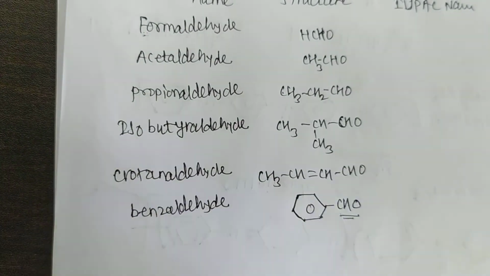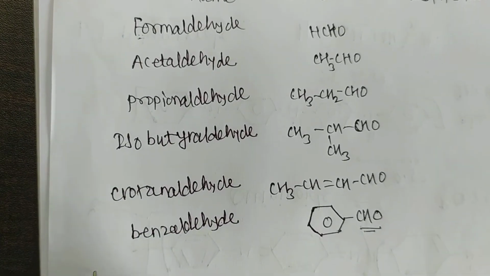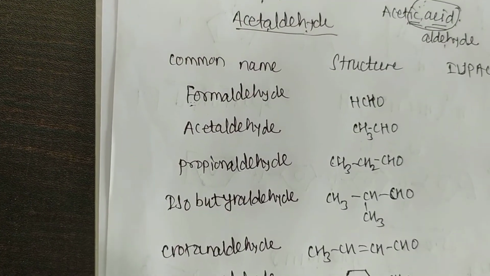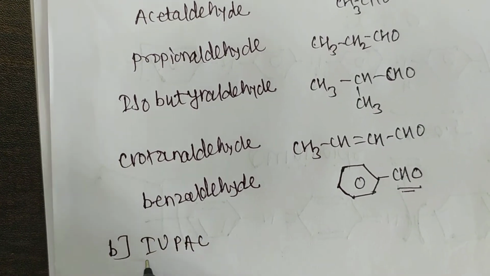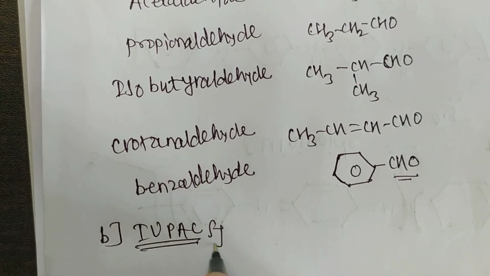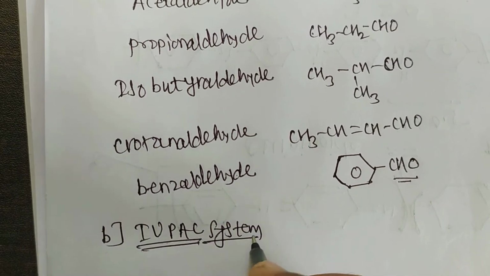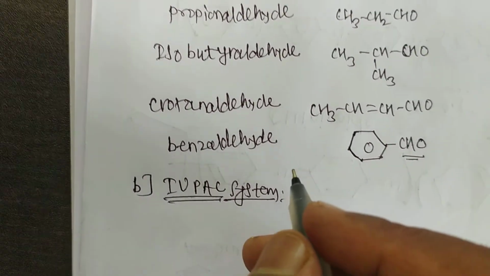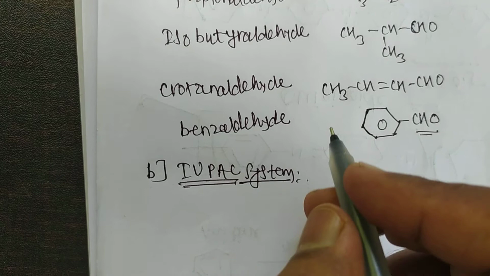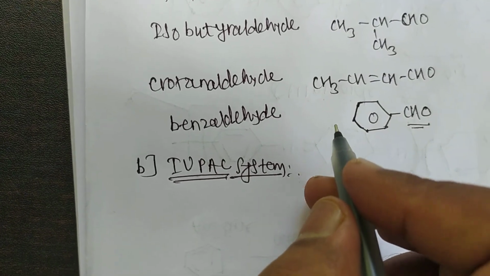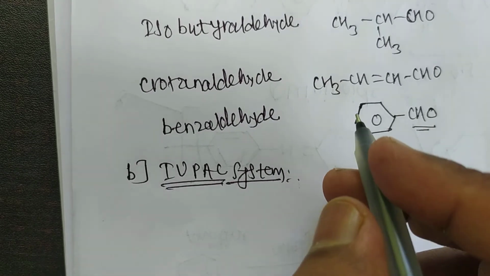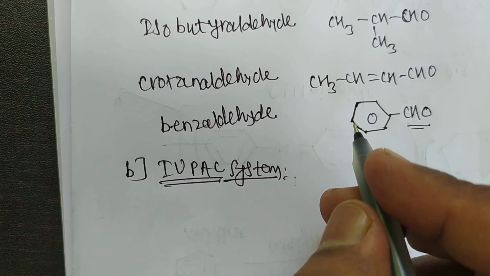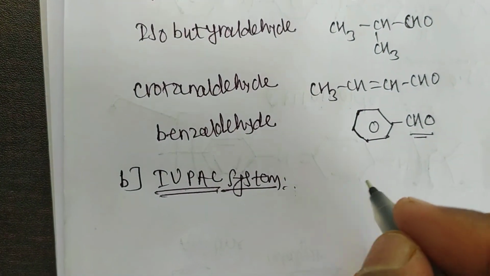Then the second nomenclature is the IUPAC name or IUPAC system. In the IUPAC nomenclature system, the name of aldehyde is derived by replacing the terminal E of the name of the corresponding alkane by Al.